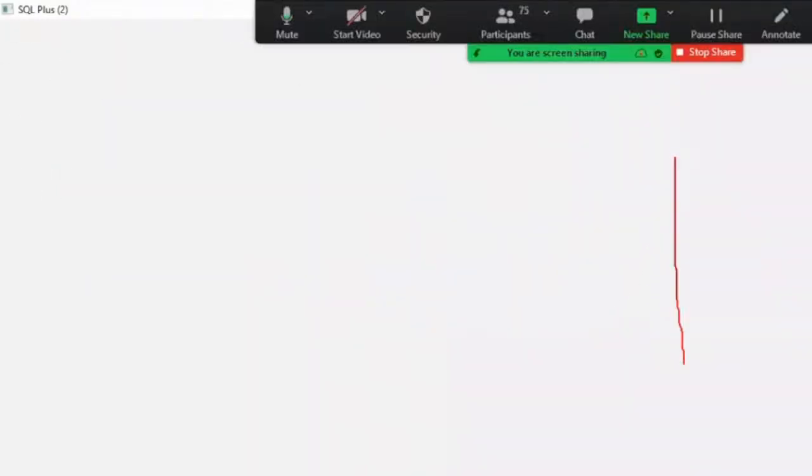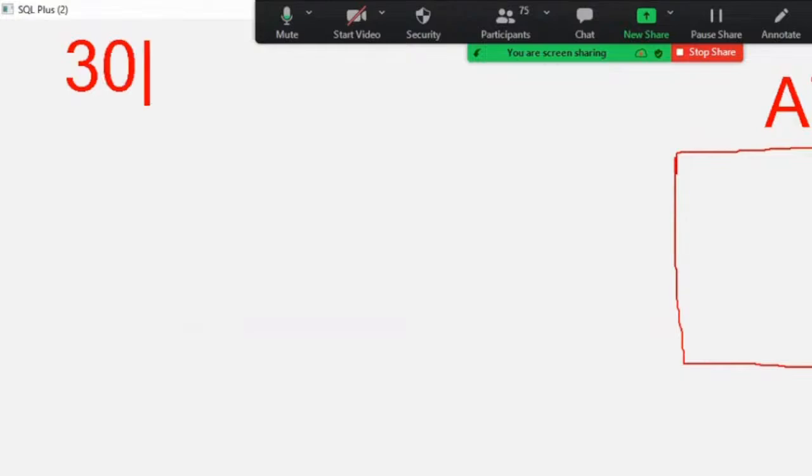Now check out the scenario. This is an ATM machine, for example. One scenario I'm telling, that's enough. Now what is the balance in my account? 3000 is the balance.